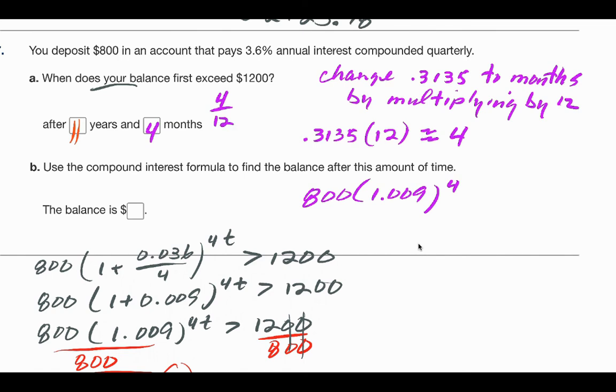And if we take that, you'll see that it is approximately 0.3333 using my 4 decimal places. That's what they want here. All right, not the 3.135, but the 0.333, because that's where it's first going to be greater than $1,200. And in fact, it becomes $1,200.85.